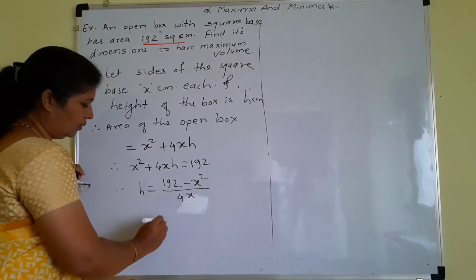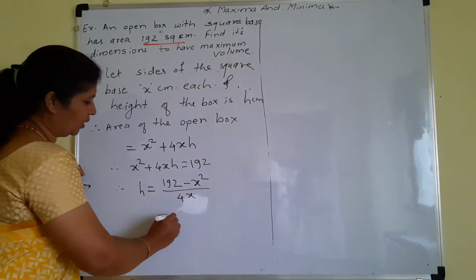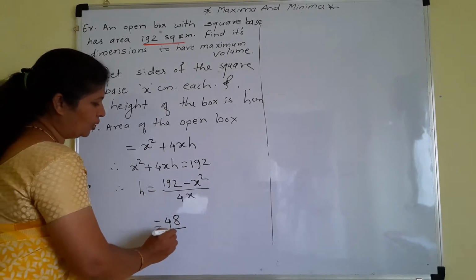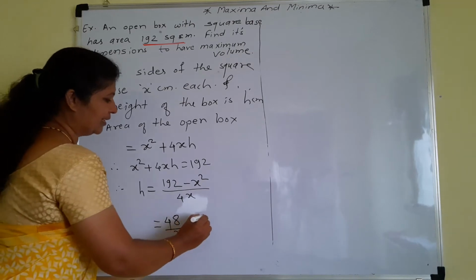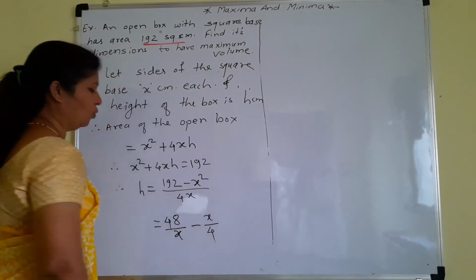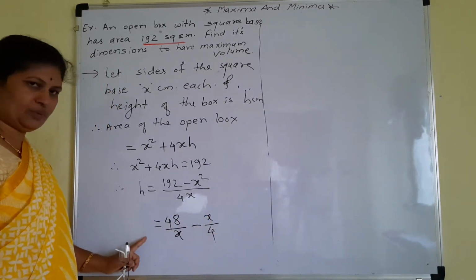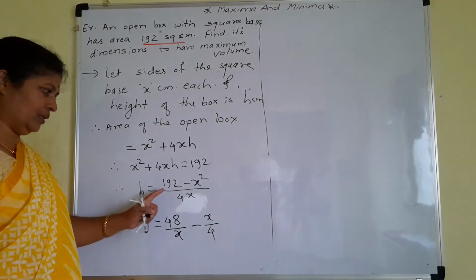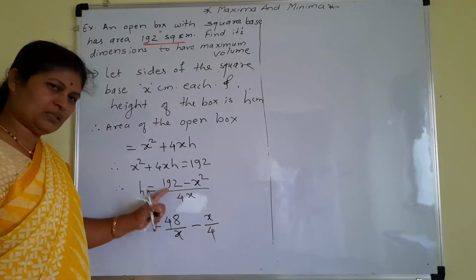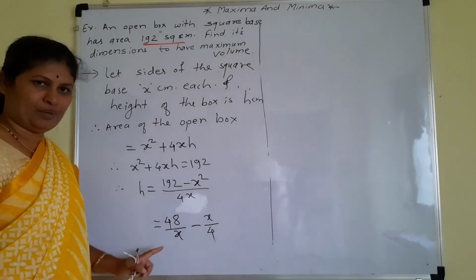You will get 48 upon x minus x square upon 4x, that is x upon 4. This is our h. You may keep this h like this, or you may write it in simplified form.